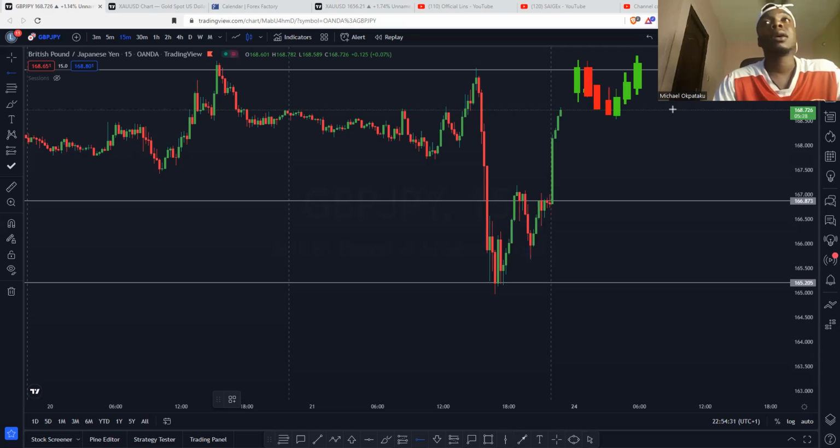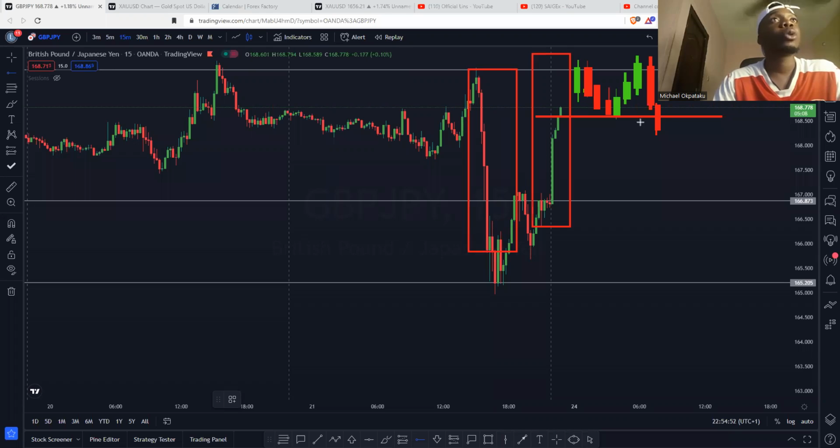Then price decides to come back down to the new support that has been created. If price breaks below this level, I'm taking a sell. Why am I taking a sell? Because we have clean traffic here that price can easily move through. So I'll take a sell when price gives me my sell signal, like a retest and break below the structure. Once I see a break below the structure, I'm taking my sell.